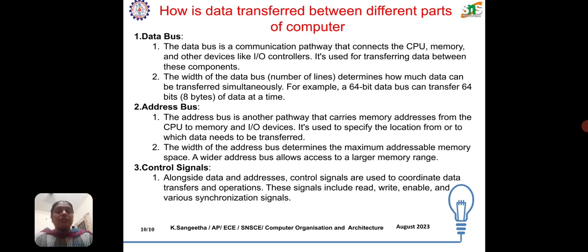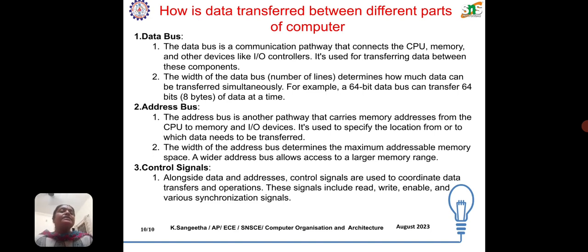And there are some pathways, that is the buses. A bus is a group of wires that is used to transfer data from one place to another place. The first one is the data bus, then the address bus and control signals, that is, the control bus. The data bus is a communication pathway that connects CPU, memory and other devices.